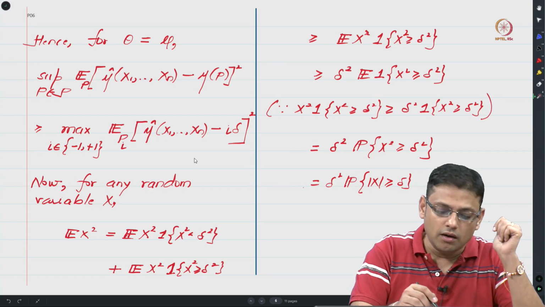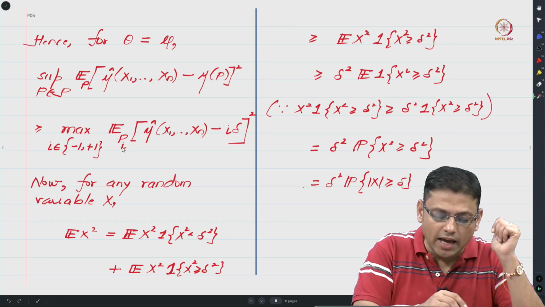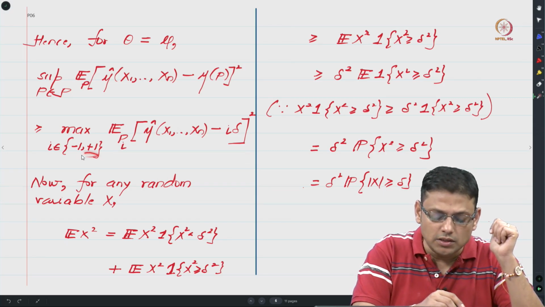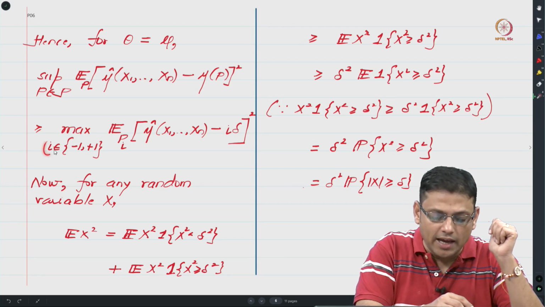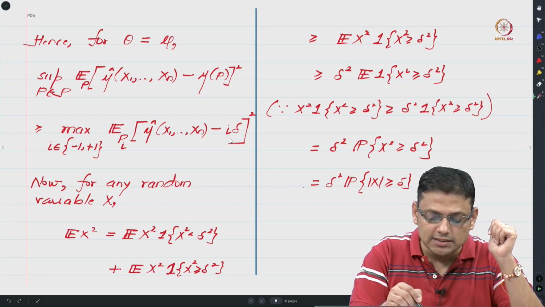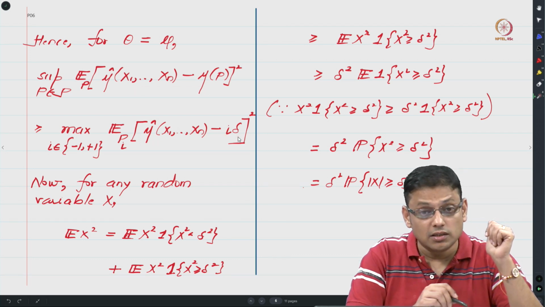So when I is one of these two elements, the mean is I delta. For example, when I is plus 1, this is plus delta, and when I is minus 1, this is minus delta, and accordingly this expression can be written in this fashion.